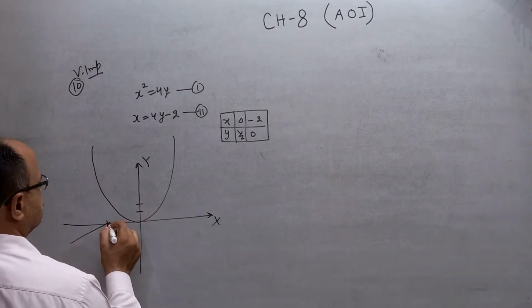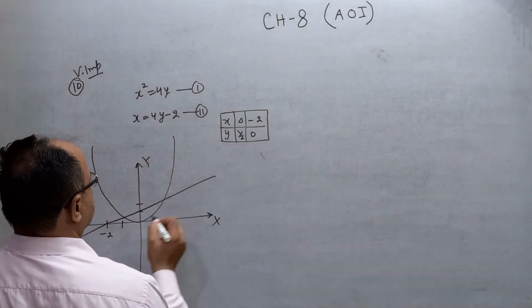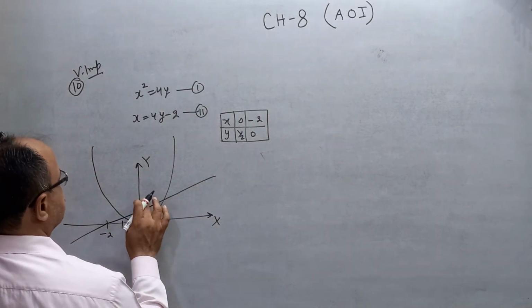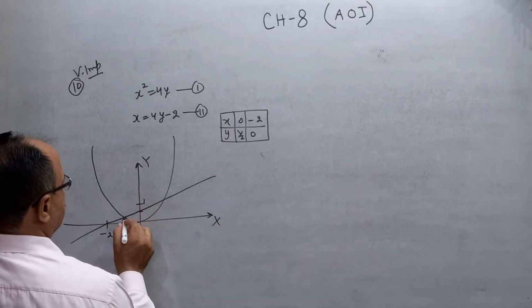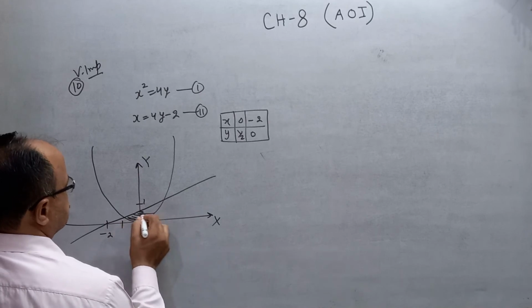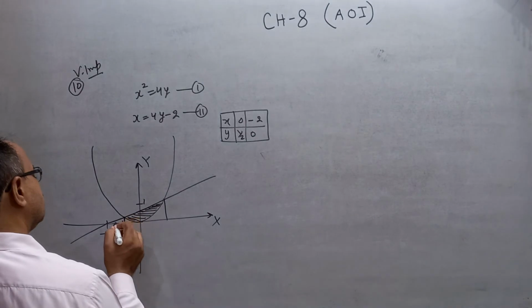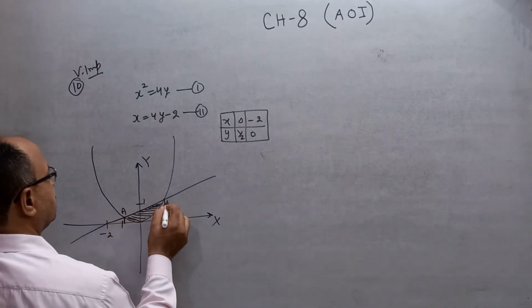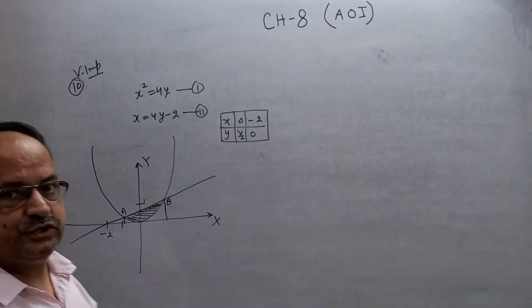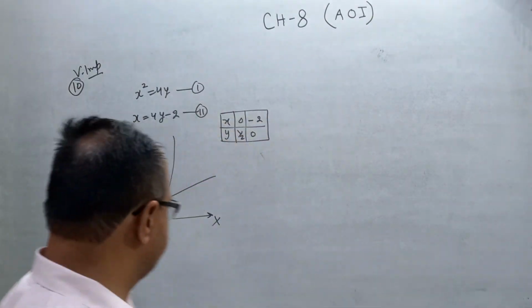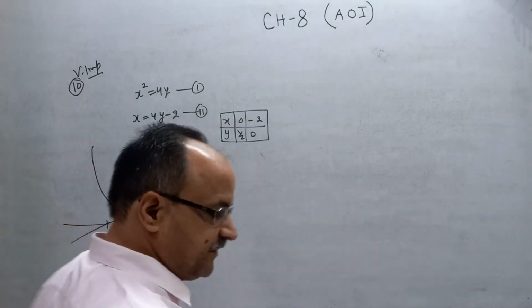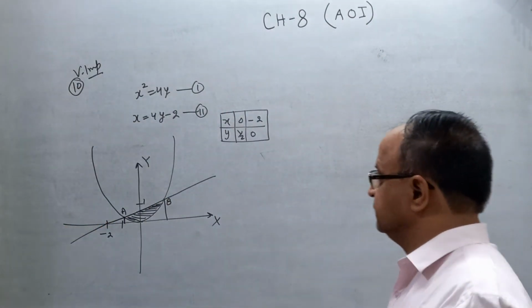Draw the line. You want to find the area of this portion, and this portion lies between two functions. Firstly find the coordinates of A and B.